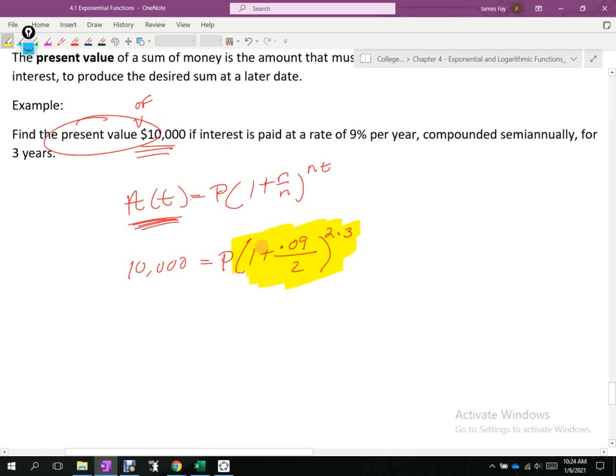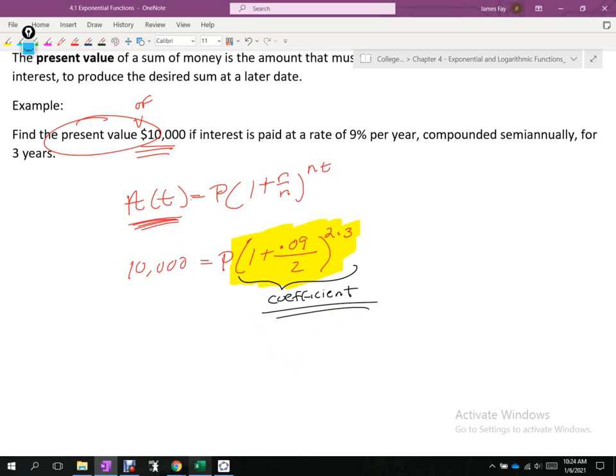That evaluates to something, right? And you have that evaluated times P, so that has to be a what for P? A coefficient. So what can I do to both sides to solve for P? Divide by that coefficient, right?